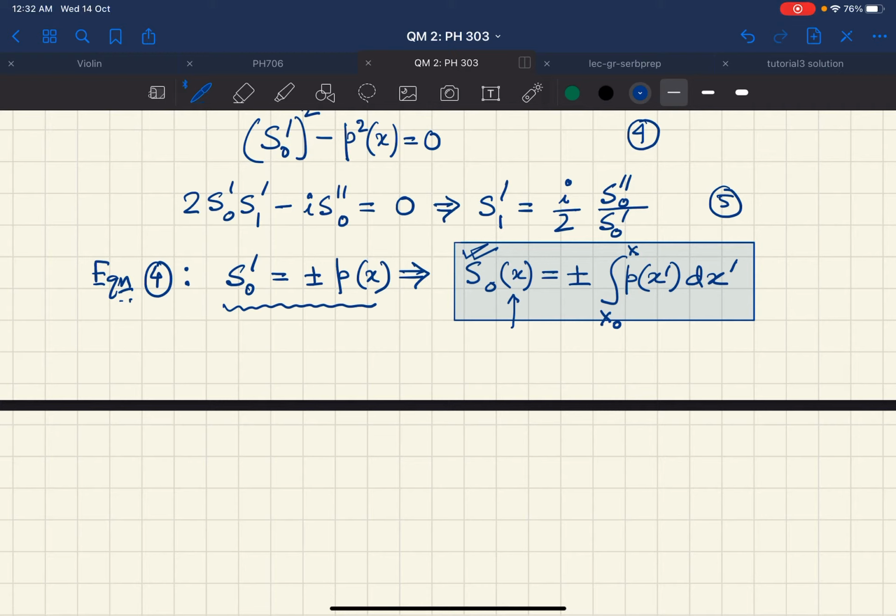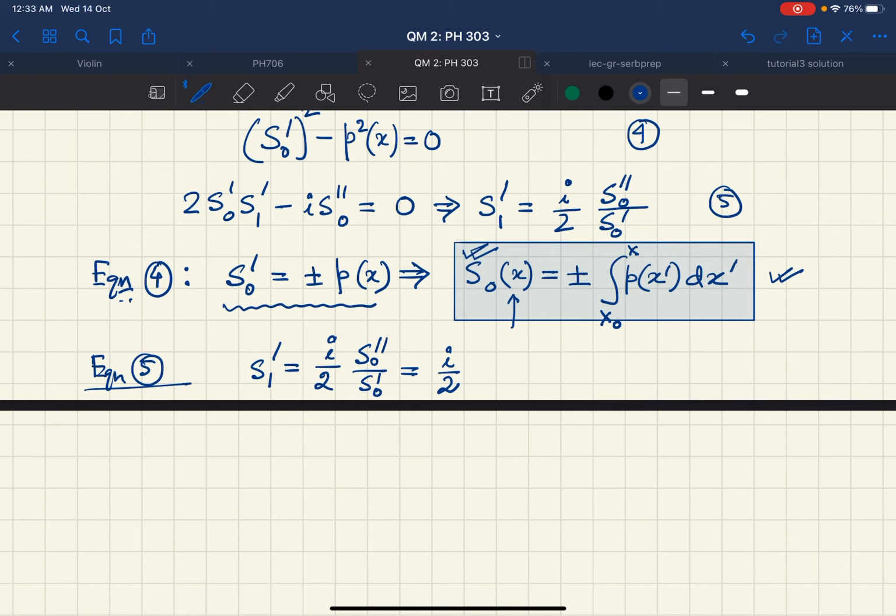Now let us look at equation number 5, which is s1 prime equal to i by 2 s0 double prime by s0 prime. But we have just solved for s0, so we have the solutions here for s0 of x.